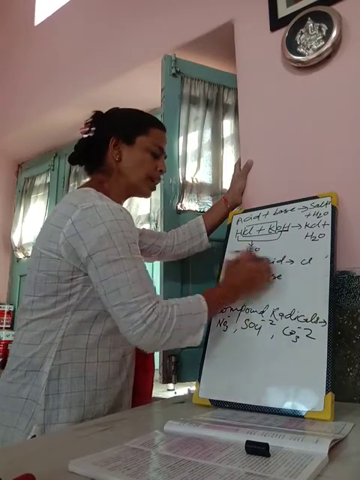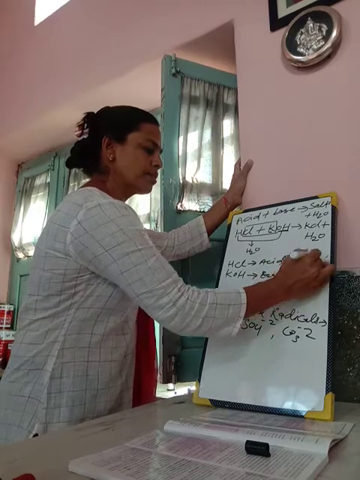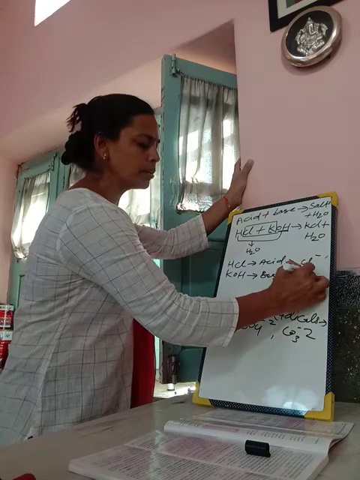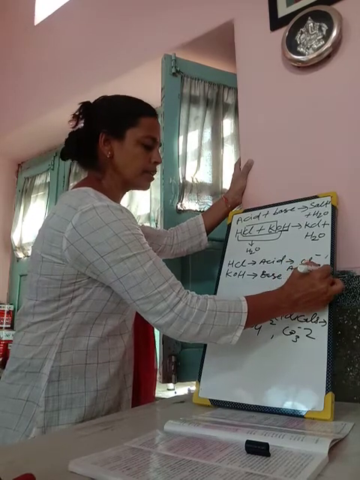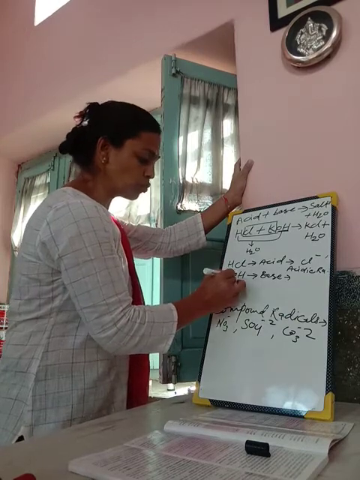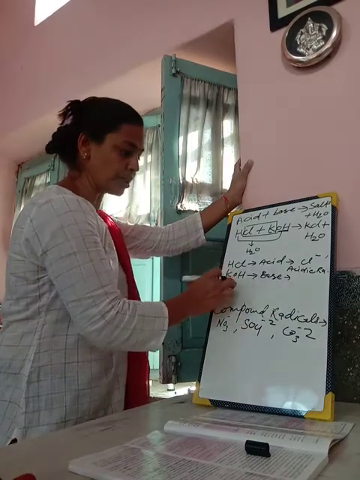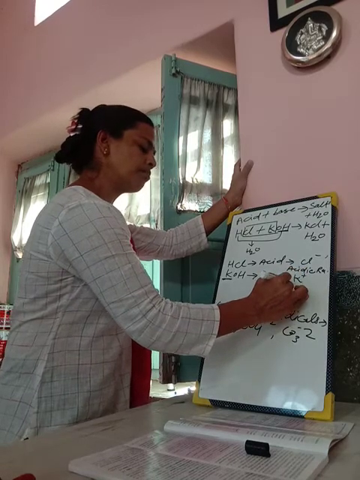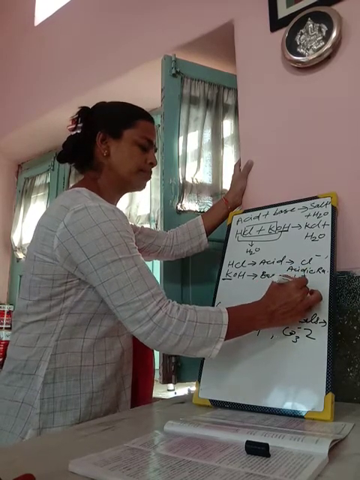Cl comes from the acid part, so it is known as acidic radical. But the potassium comes from the base KOH, so it is known as basic radical.